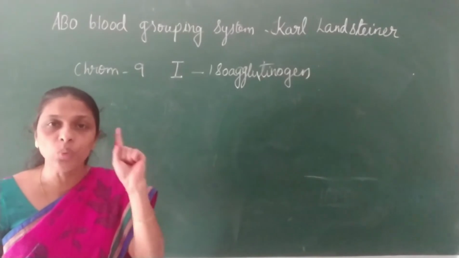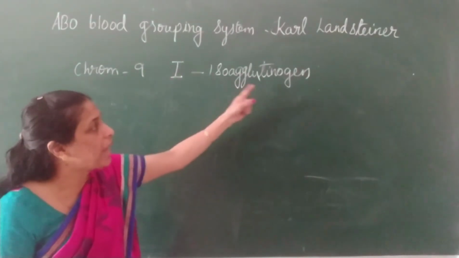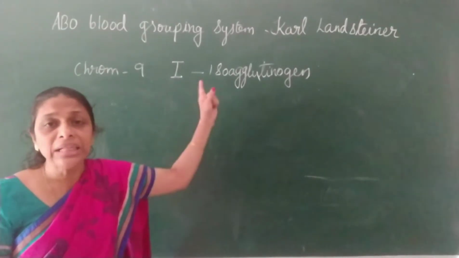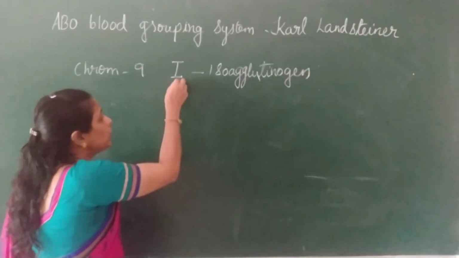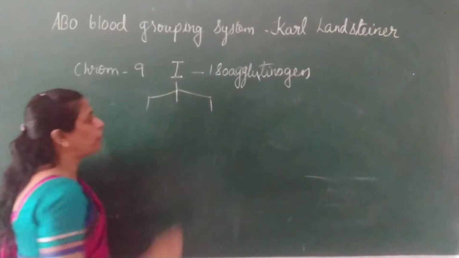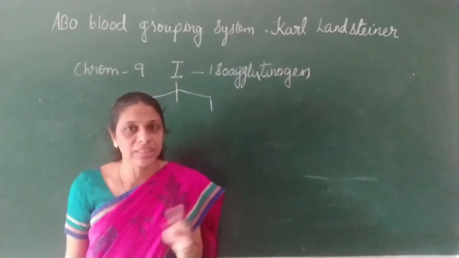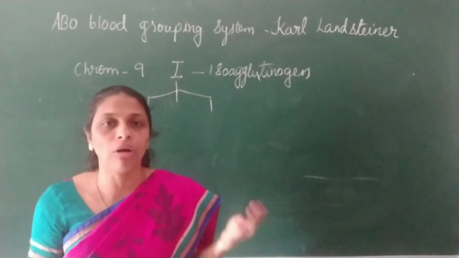On chromosome number 9, there is one single gene which denotes isoagglutinogen, and this gene has 3 different alleles. How many alleles? 3 different alleles. Normally a gene has how many alleles? 2 alleles. We have studied that in monohybrid cross and dihybrid cross.